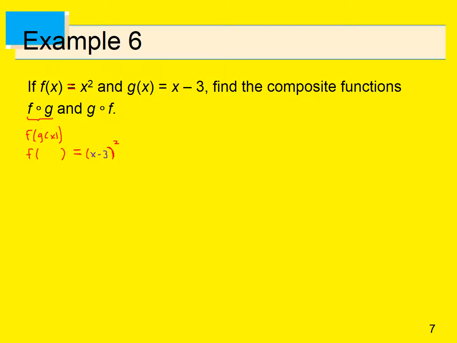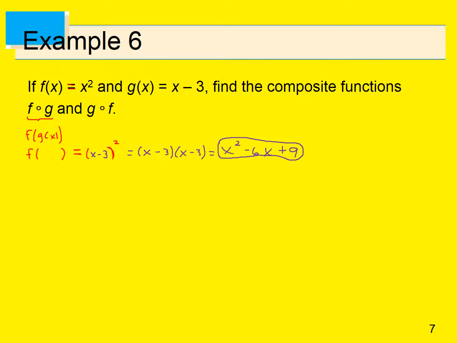That's the input. Now we might be content to leave it like this. Or we might want to write it out as something in the form ax squared plus bx plus c. We could FOIL or use a special pattern, a squared minus 2ab plus b squared, to get x squared minus 6x plus 9.